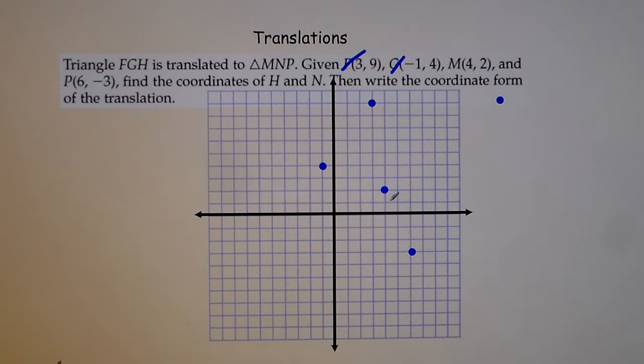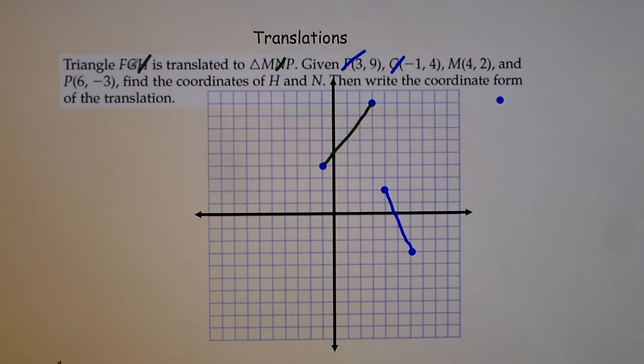And P is 6, negative 3. So these two go together. And these two go together. So it's one side of one picture and the other side of the other picture. A little on the extra challenging side. So F and G. H, we don't know the location. And M and P, we don't know the location of N.